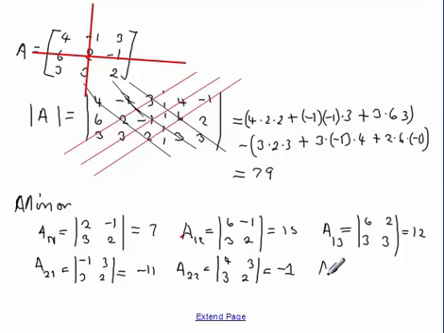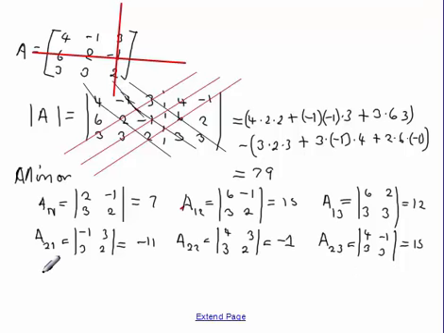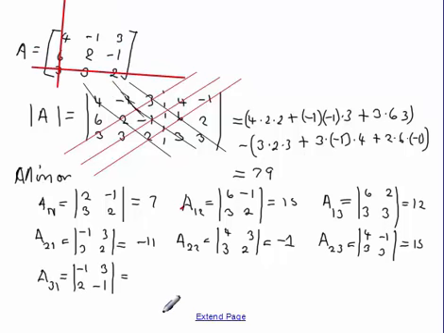Then A 2, 3. What are we left with? Now let's continue. A 3, 1: minus 5. Are you sure? Oh, it's 1 minus mine is 6, okay? Minus 5, isn't it?